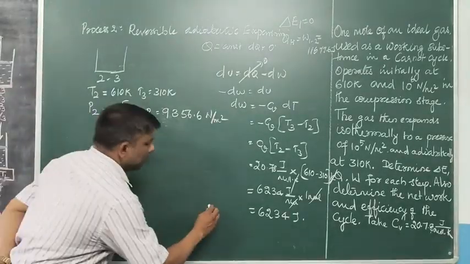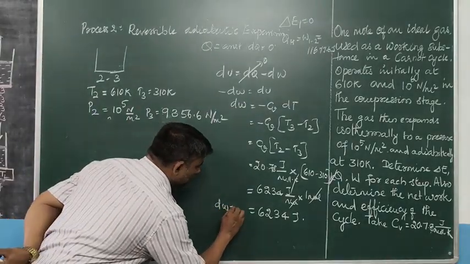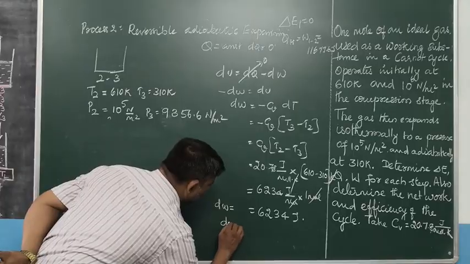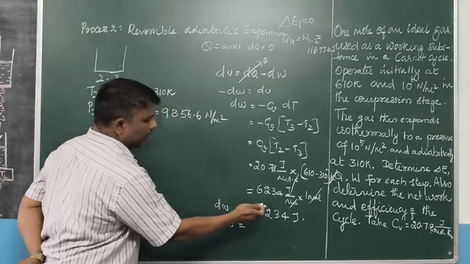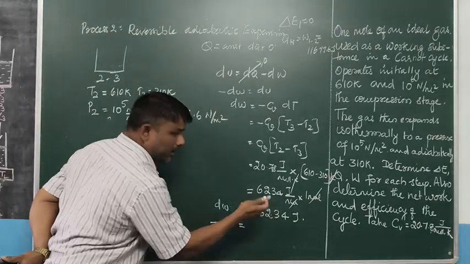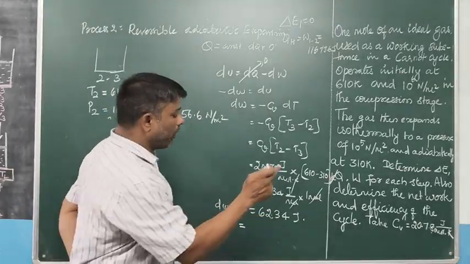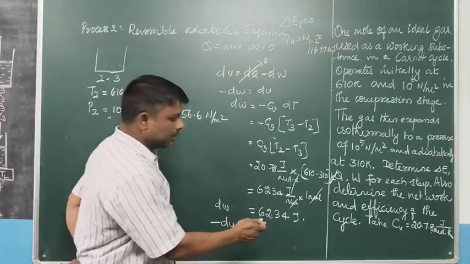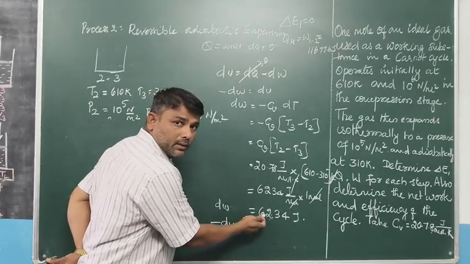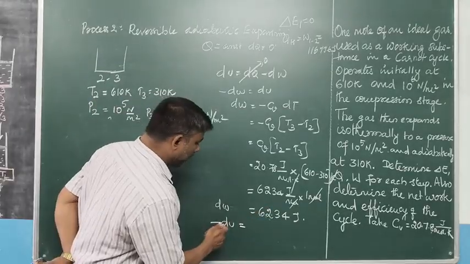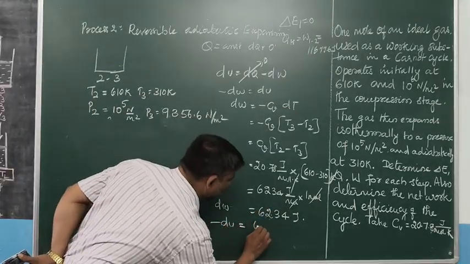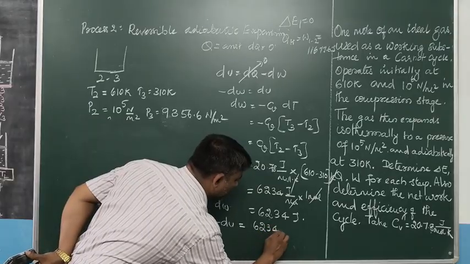Clear? This is dW, that is equal to R du minus du. dW is the amount of work done by the system for adiabatic expansion. R minus dW is equal to 6,234 joules.